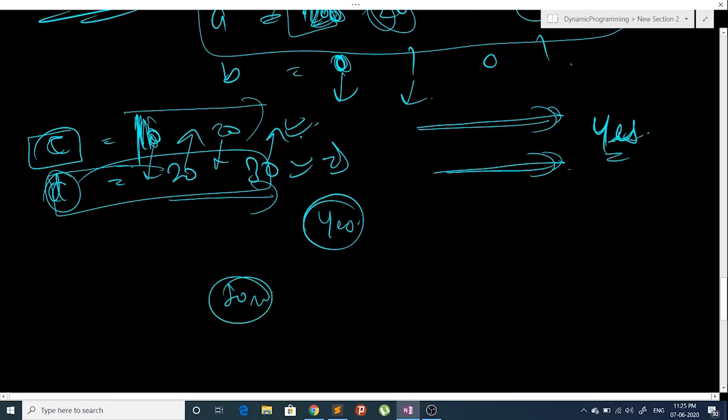If they are not, then I check if the size of array C is greater than 0. For example, let's say the C array was like this, 30, 10 and 20, so it is not sorted.